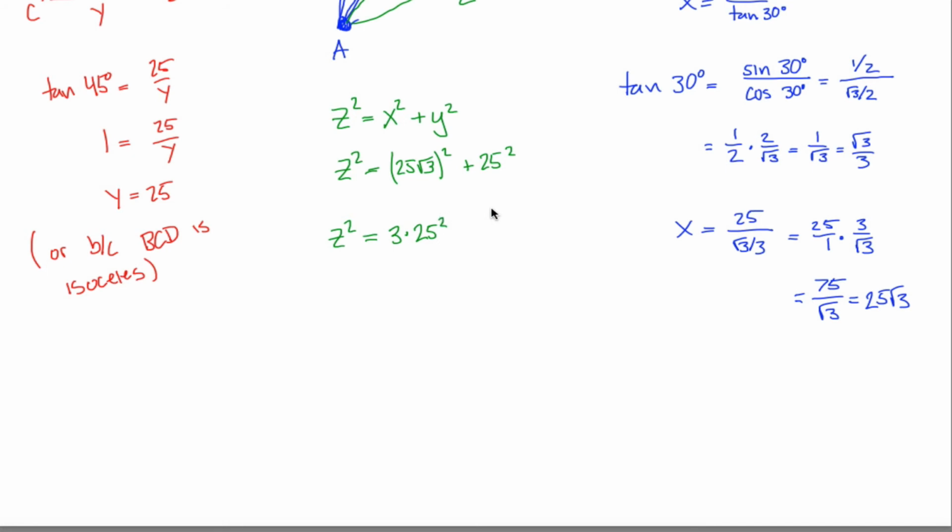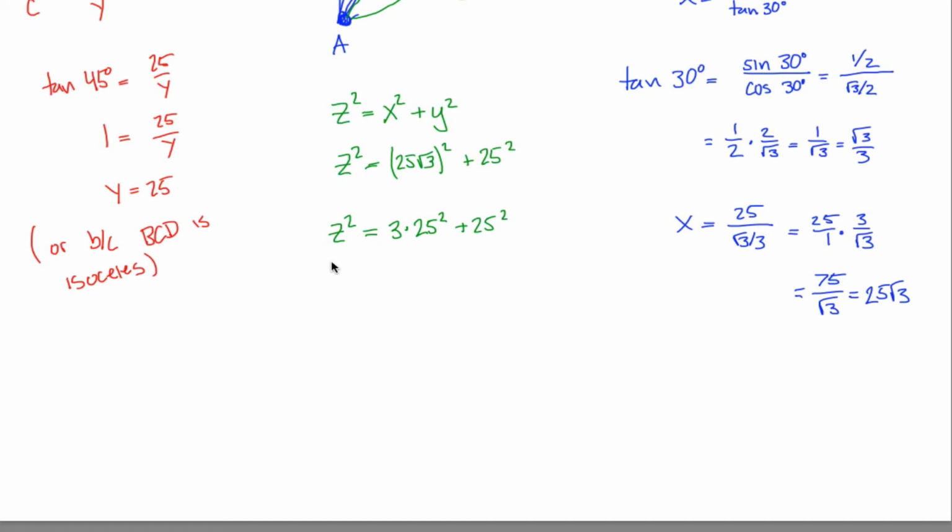What is it, 625, I think? But I'm not going to bother doing that. I'm going to solve this a different way and say that I have 3 of these 25 squared things plus 1 more of these 25 squared things. So in total, I have 4 of these 25 squared things. So z is equal to the square root of 4 times 25 squared, aka 2 times 25, aka 50.